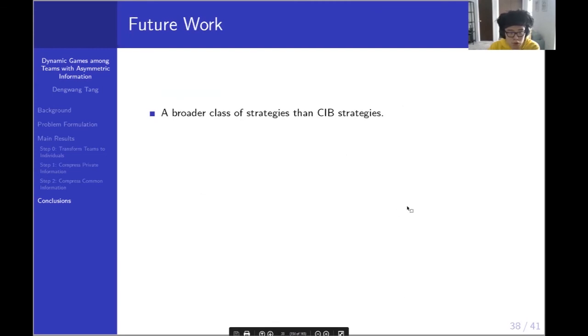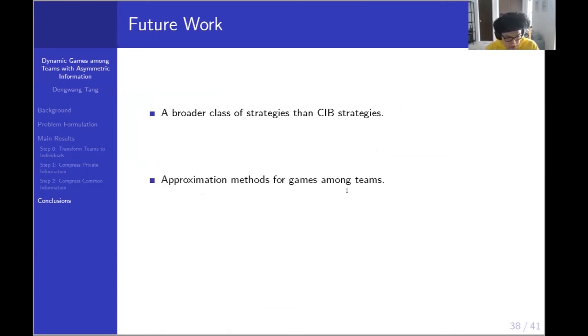So some future work of this work includes considering a broader class of compressed information-based strategies, because we have existence problem in compressed information-based strategies. If we make the class larger, we may be able to avoid this problem. Another direction is concerned with applying approximation methods for games among teams.